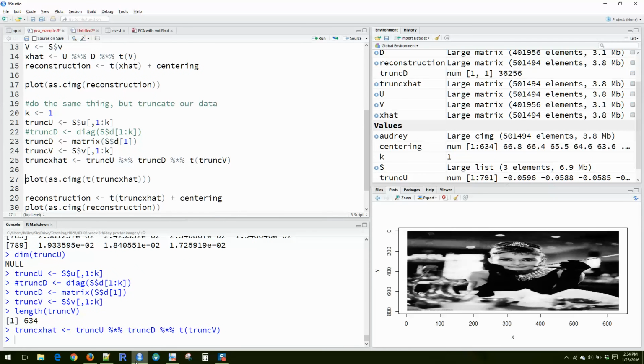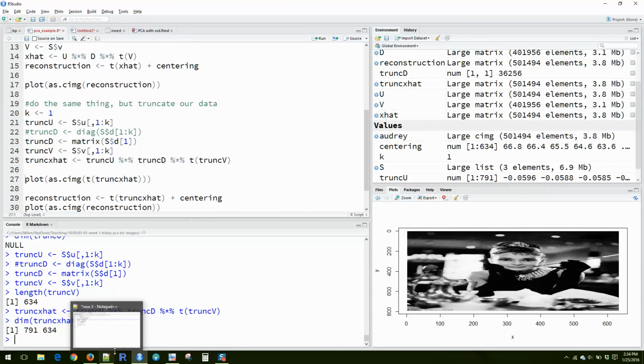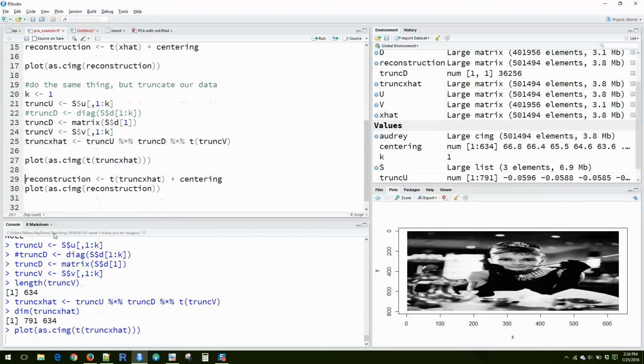But we can use the singular value decomposition to reconstruct our data, essentially, okay? And then truncated x hat is the result of multiplying those things together. And if I ask what are the dimensions of truncated x hat, it'll say, okay, 791 by 634, which sounds reasonable, okay? And we can plot this, all right, as an image.